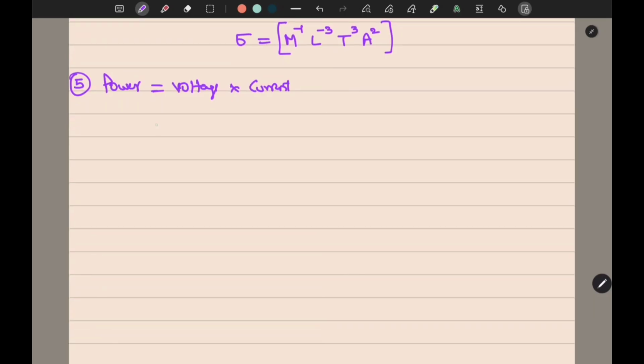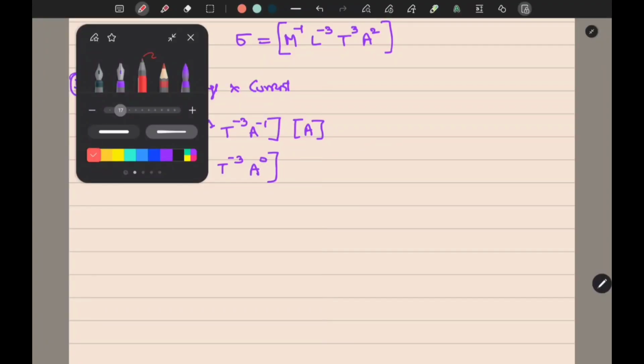We know the voltage dimensional formula we have derived, that is M L square T power minus 3 A power minus 1, and the current dimensional formula is A. From this, the power dimensional formula is M L square T power minus 3 A power 0. So this is the dimensional formula of power.